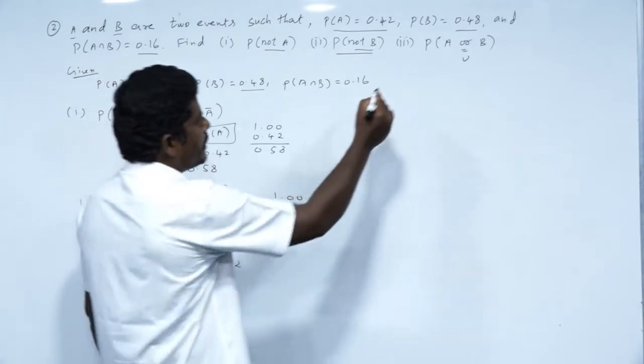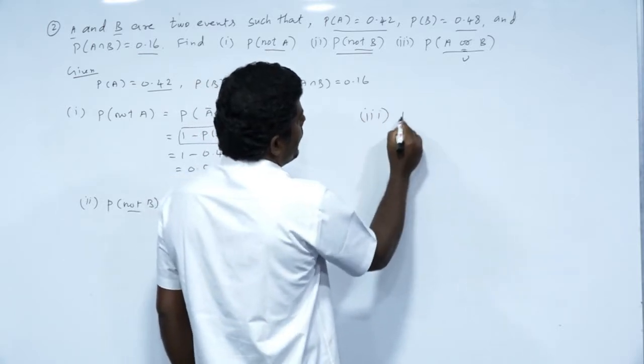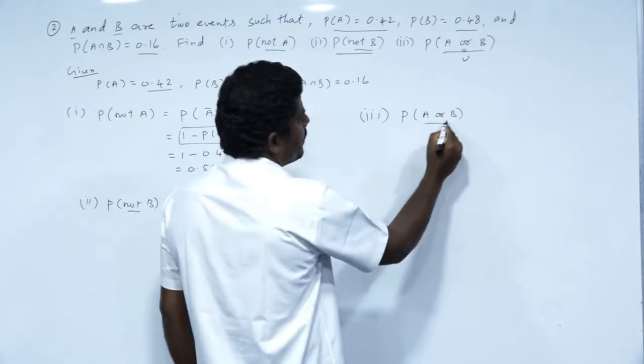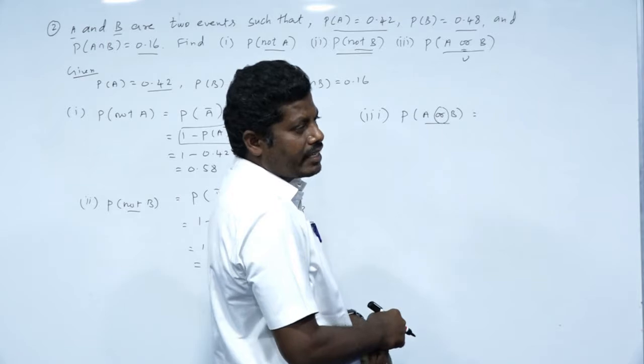Okay. Next, the third one: probability of A or B. Here "or" is coming, so instead of "or" we can take union, my dear students.